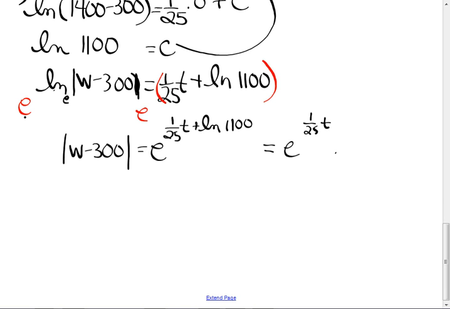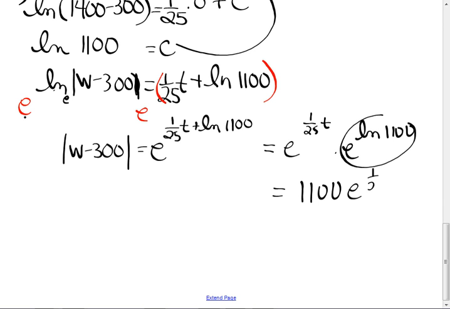And this is times e to the log of 1100, which is just 1100. So this ends up being 1100 e to the 1/25 t. But if you're not sure of yourself, then I'm just going to leave it like that. And so I would get two answers, but we know this is always positive, right? So w minus 300 equals e to this thing.